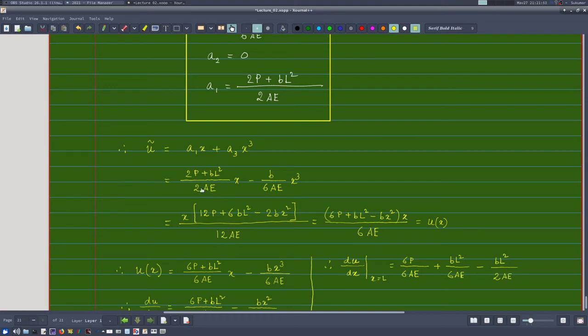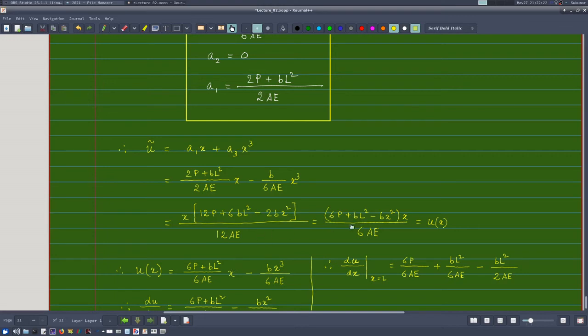12ae, so 6 into 2 is 12, 6bl square into x, and here it is twice bx square, fine, twice bx square, which is equal to 6p plus 6p plus.